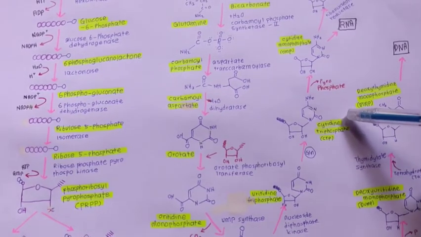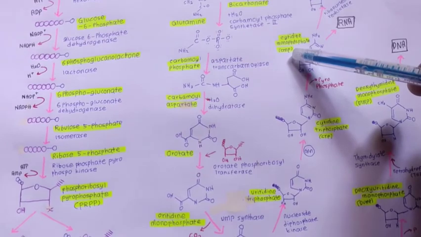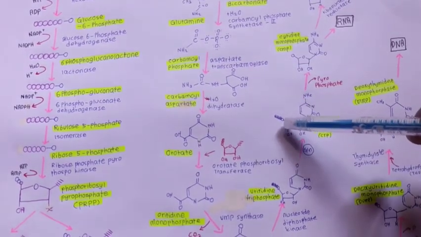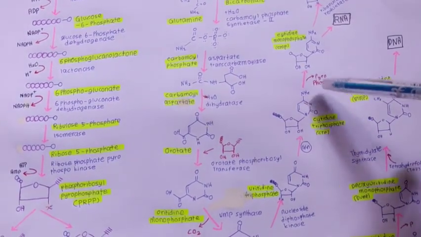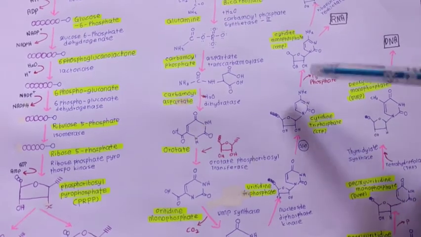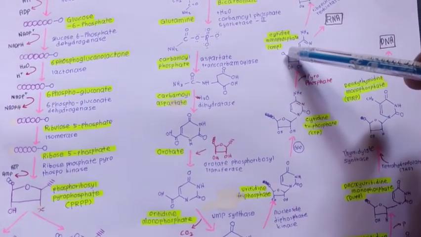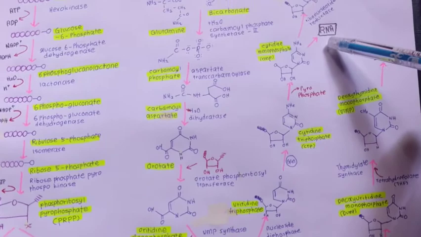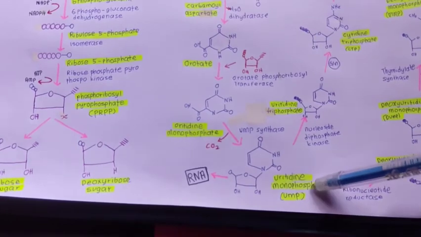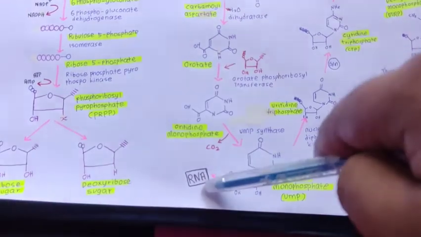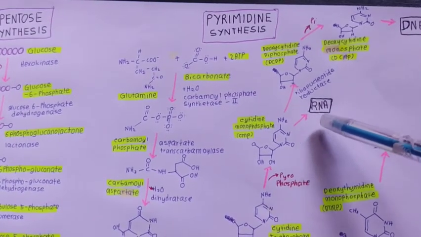Here, cytidine triphosphate we need to convert into cytidine monophosphate, so we pull out pyrophosphate, and this CTP can convert into CMP. Then CMP, or cytidine monophosphate, can be used to convert into RNA. Same as UMP, UMP also can convert into RNA.